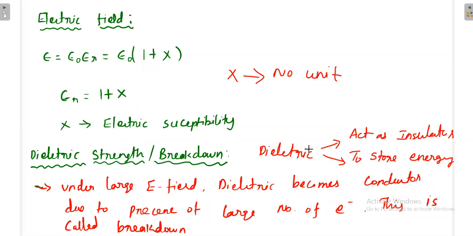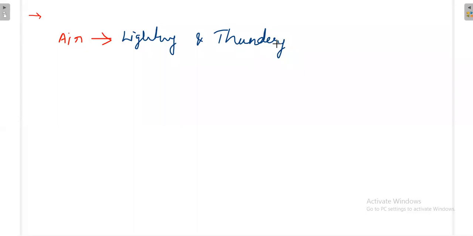You know that air itself is a dielectric. Similar to air, plastic and some other materials are all dielectrics, so they will not conduct a current. But even air, at some time, conducts current. For example, we call air a dielectric, but during lightning and thundering, air itself conducts a current.